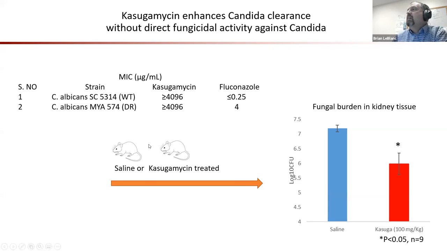So we treated the animals with kasugamycin and then infected them with Candida, and it was great. It did a great job of reducing the fungal burden, and the results that I just got this weekend that I didn't include in the talk was we infected animals with this fluconazole-resistant strain of Candida, and we found that it actually had a stronger response against the drug-resistant strain than the wild-type strain.